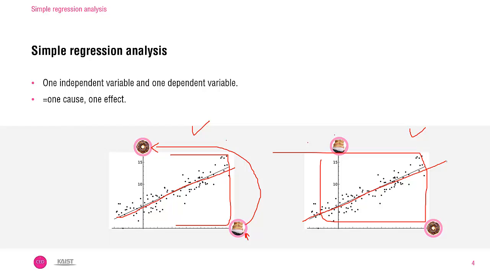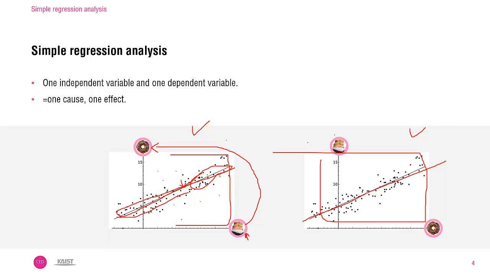Also, the data are more dense when they are closer to the regression line, and more sparse when they are away from the regression line. Therefore, the data are adequate for the regression analysis.